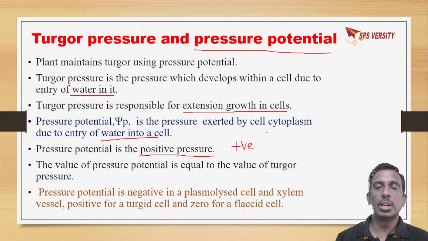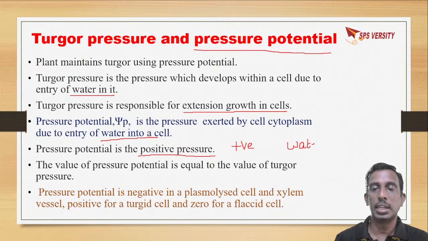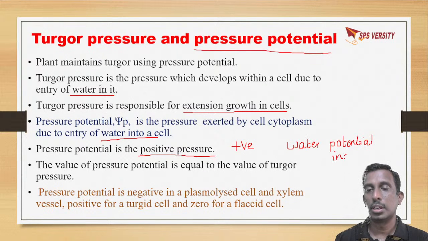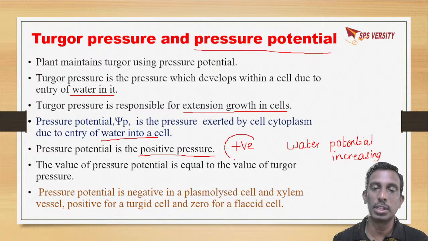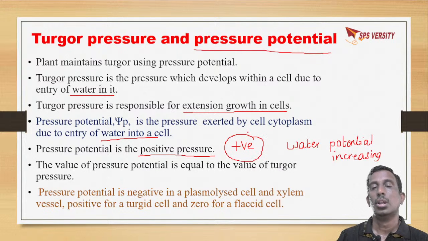प्रेशर पोटेंशियल के वास्ते the water potential will increase, इसलिए इसका वैल्यू पॉजिटिव रहता. और सोल्यूट पोटेंशियल का वैल्यू और ऑस्मोटिक पोटेंशियल का वैल्यू कभी भी नेगेटिव रहता, क्योंकि सोल्यूट के वास्ते वाटर पोटेंशियल डिक्रीज होता.